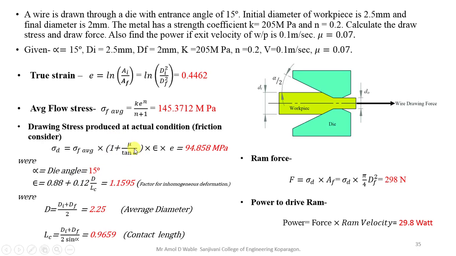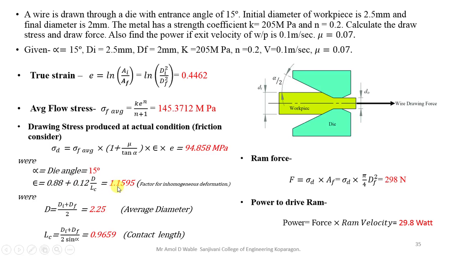So just put the values for epsilon, use the formula 0.88 plus 0.12 capital D divided by LC, where capital D is the average diameter, that is Di plus Df divided by 2. L is the contact length, which is taken as Di plus Df divided by 2 alpha.